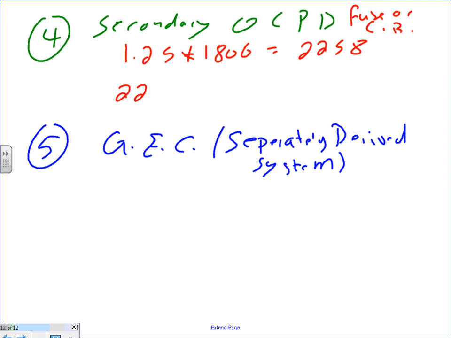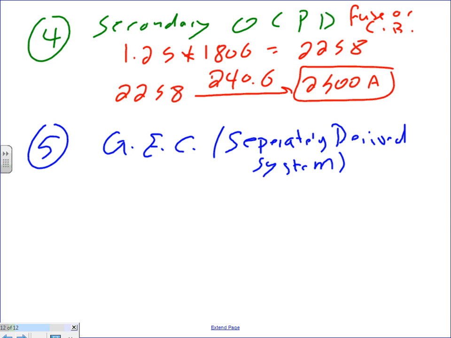I'm going to take the 2258 to 240.6. What's my next standard overcurrent protection device? 2500 amp. My next overcurrent protection device size is 2500 amp. Any questions about this? So that's my overcurrent protection device.